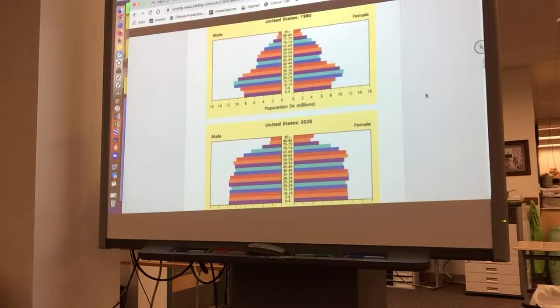So if you take a look at the top in 1980, you see how there's a greater frequency for some of the ages? From when to when? What are the ages that are most prevalent in the population in 1980?